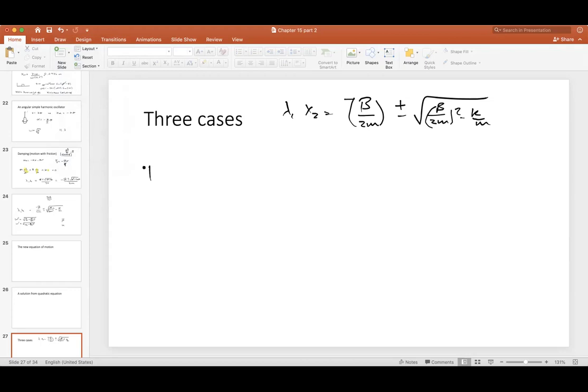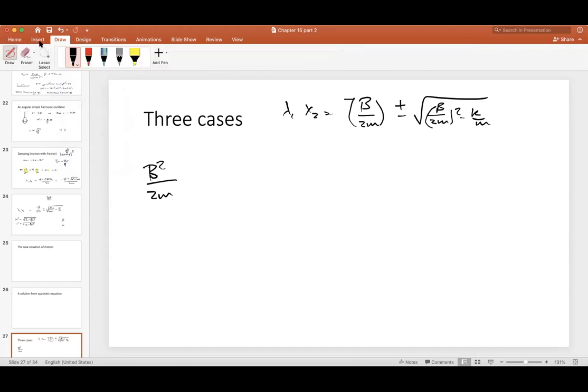I have a case where, basically, if beta over 2m squared is greater than k over m, and just to be clear, these are 2 different solutions, and we'll talk about that in a minute.